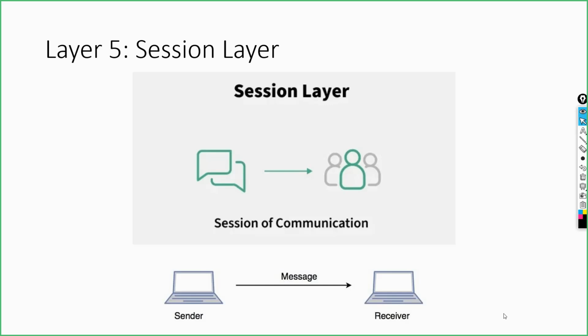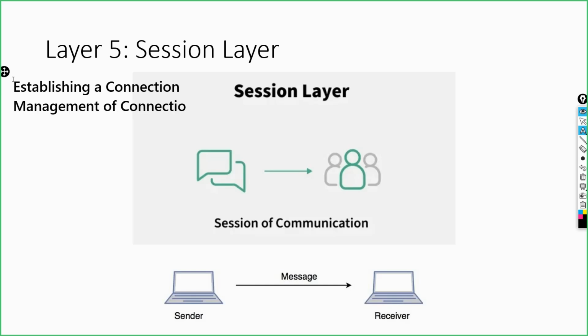One of the functions is establishing a connection, then managing that connection, management of connections, and finally termination of connections. It is not like if the connection is established, it will remain.